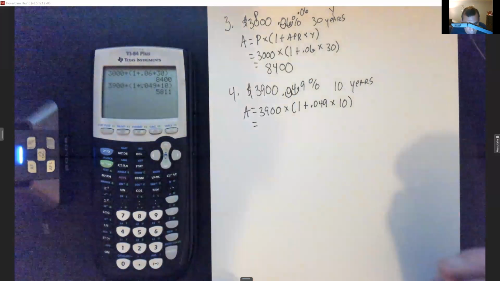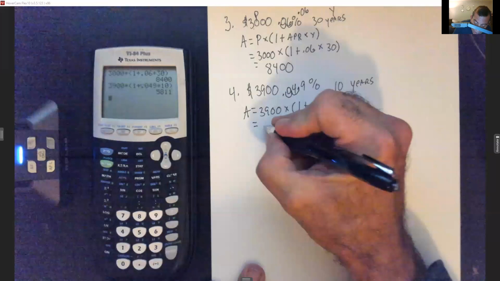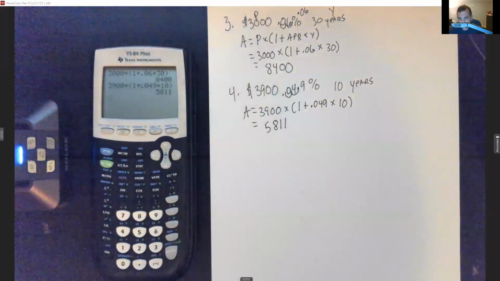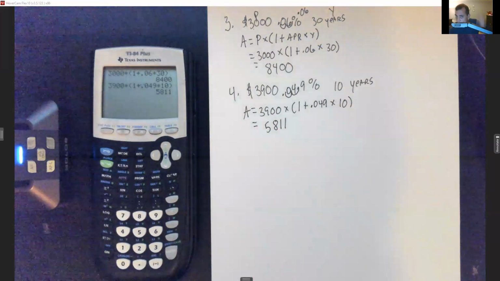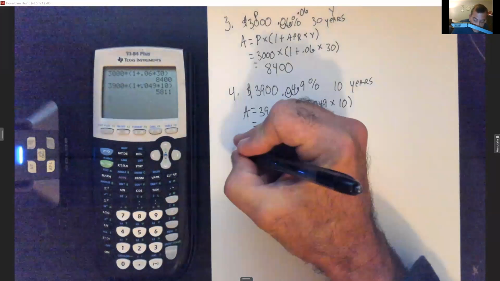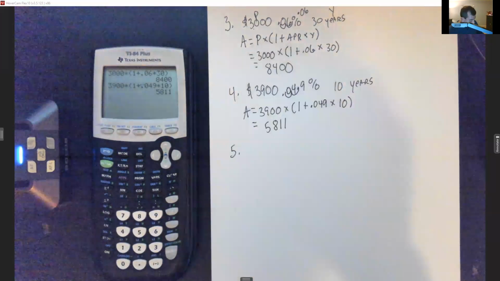That's going to give me 5,811. So almost $2,000 at a 4.9% you would make in 10 years on simple interest, okay?